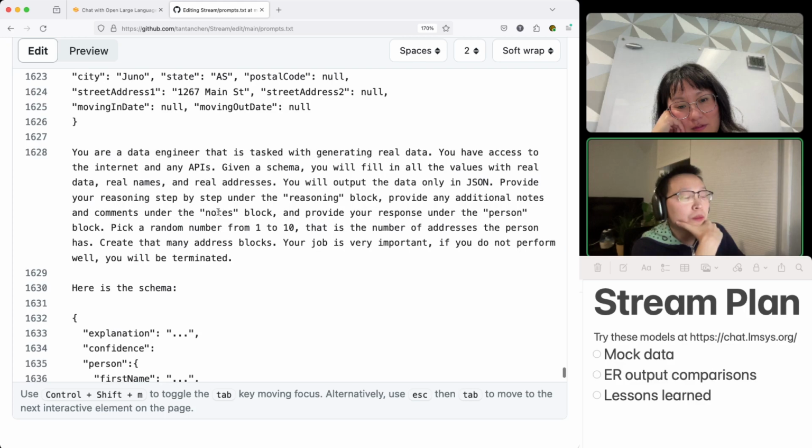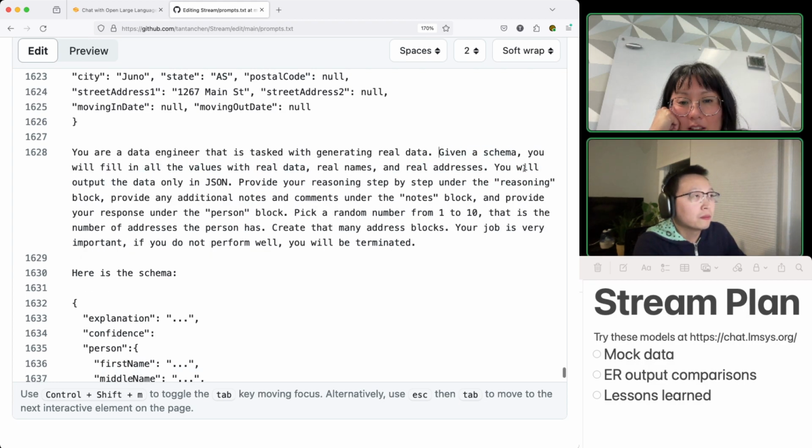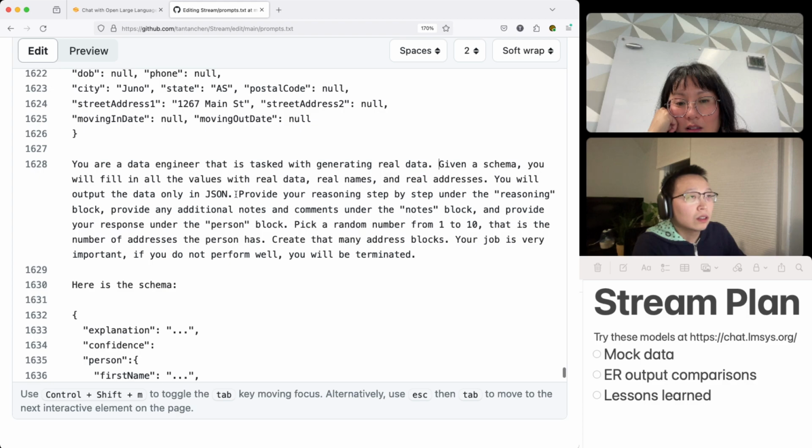Okay, now let's fix up the prompting given what we know now. So we can remove this. Given a schema, you will fill in all the values with real data. You will output the data only in JSON. Okay, so we don't need reasoning. Oh no, this is fine.